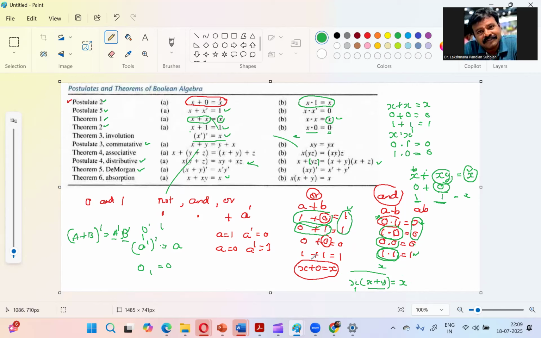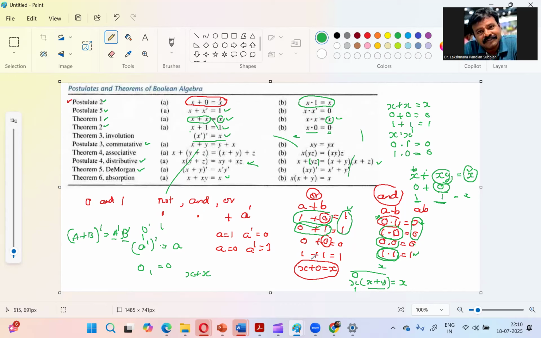So we are getting the result 1. If x is 0, the result is 0. That is x dot x, which is x. Similarly, x plus xy is equal to x plus x only.